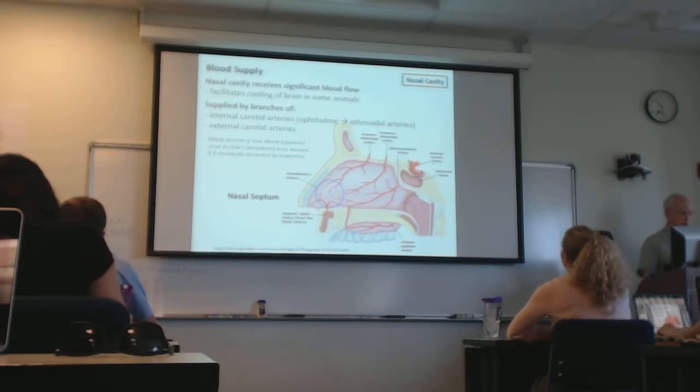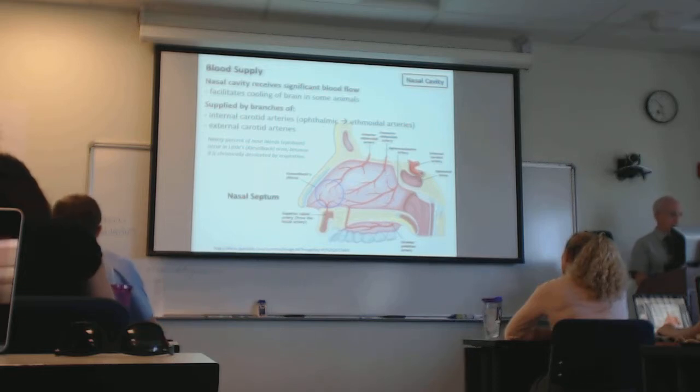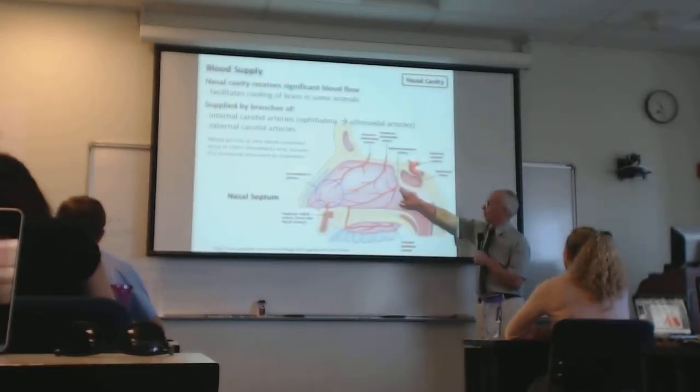Now, as I've indicated, bleeding is fairly common. You can see the profusion of blood vessels in this region. We've already talked about the greater palatine artery as we talked about the oral cavity. And then descending from above, you have a variety of these ethmoidal arteries. And we saw that large opening, remember, in the rear behind the middle turbinate for the sphenopalatine artery.